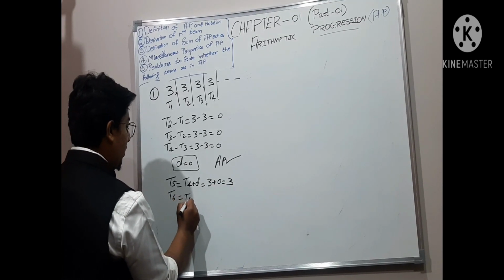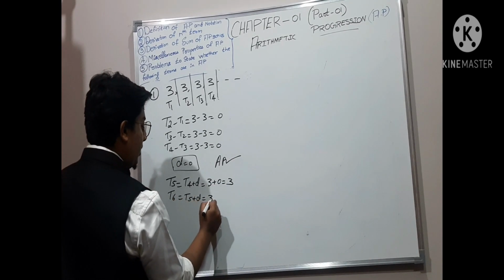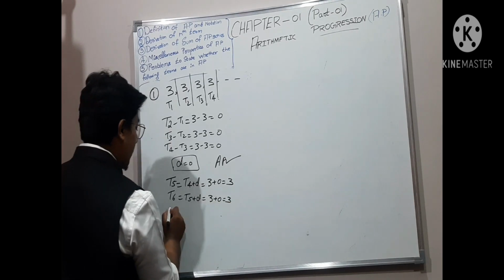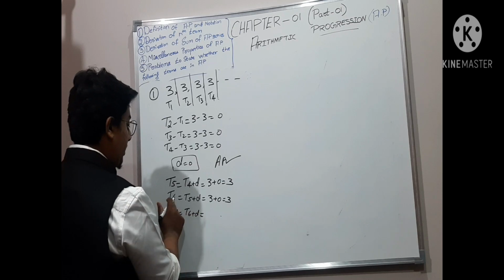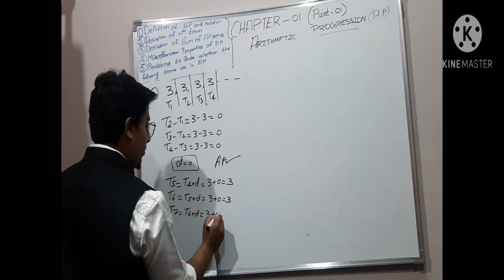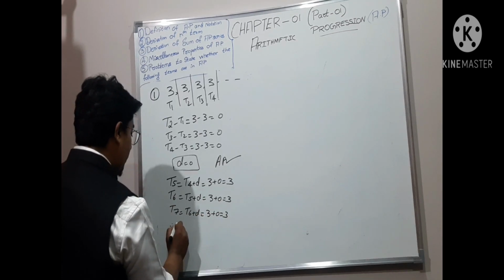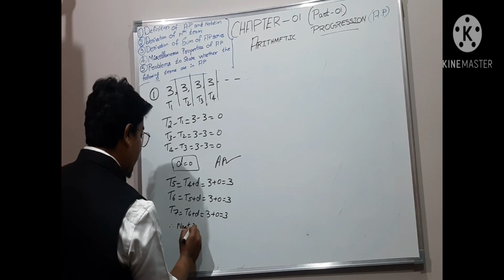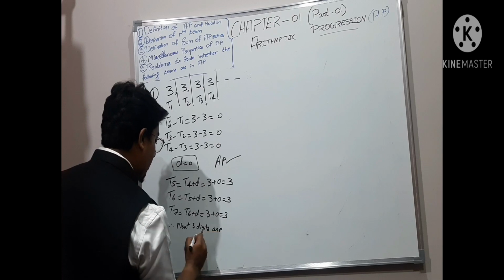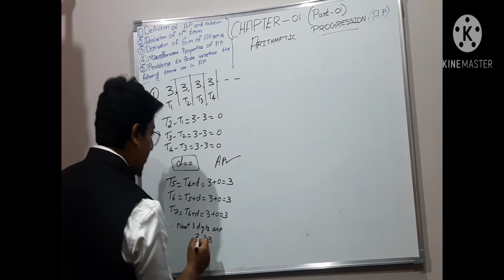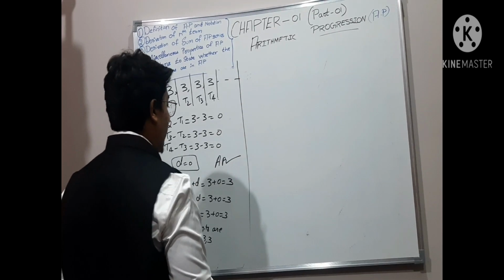T6 is equal to T5 plus D, 3 plus 0 is equal to 3. T7 is equal to T6 plus D, T6 is 3, 3 plus 0 is equal to 3. Therefore, the next 3 terms are 3, 3, 3. This is one kind of problem.